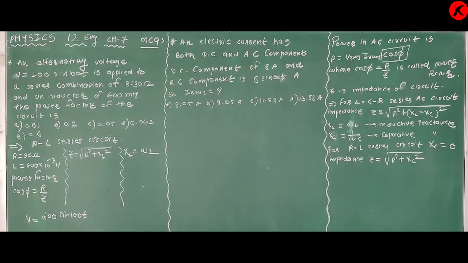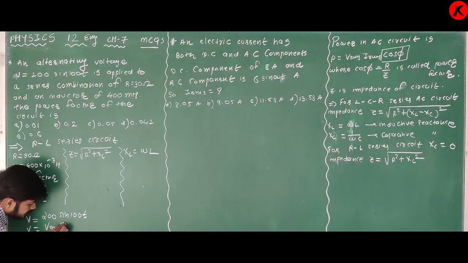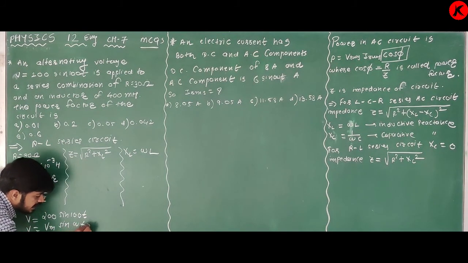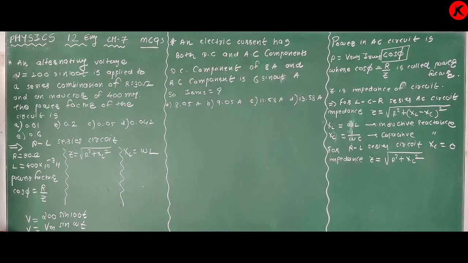So you have to compare this equation with the general formula, that is V is equal to Vm sin omega t. Clear about this?